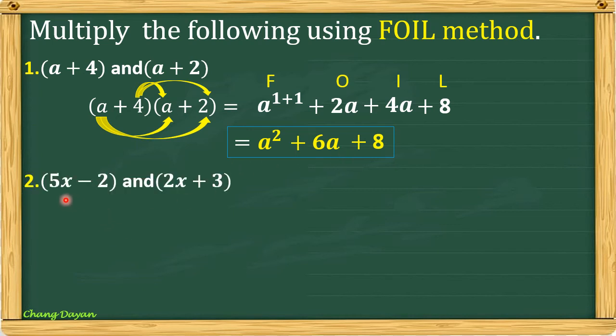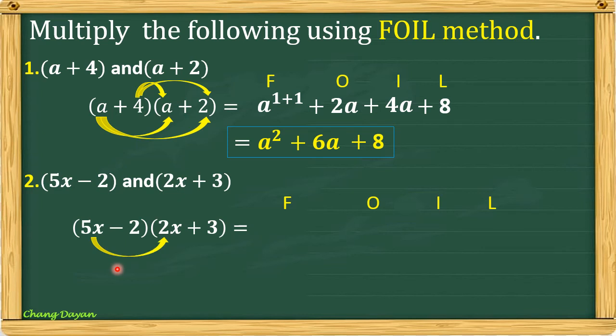Number 2, 5x minus 2 and 2x plus 3. Applying the FOIL method, multiply the first terms, which are 5x and 2x. We'll get 10. Then x raised to 1 plus 1. We'll just add the exponent since they have the same base.